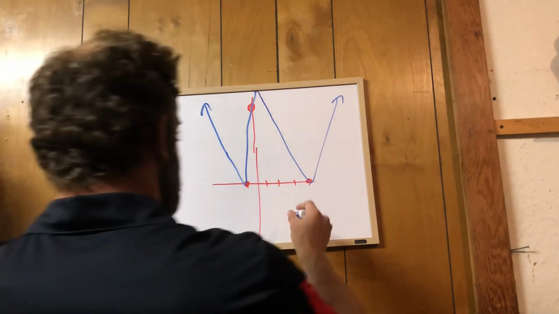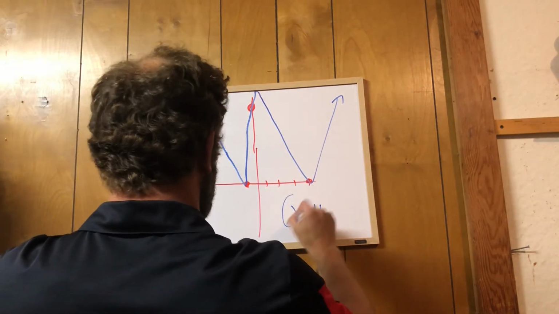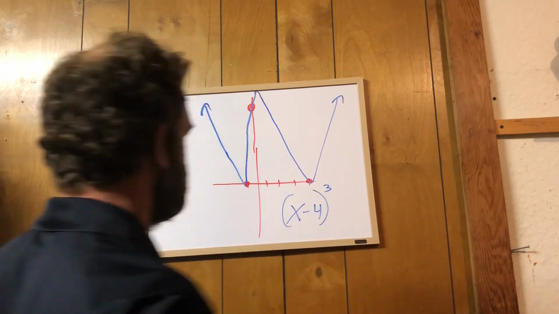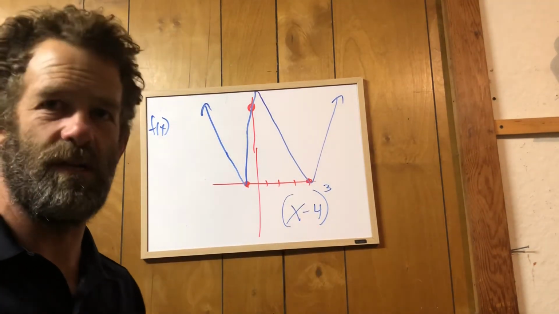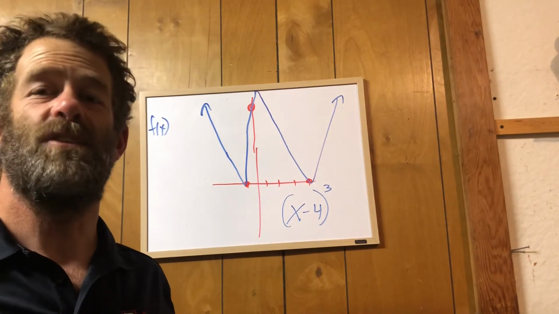What if I had x minus 4 to the 3rd? What happens as I have x minus 4 to the 3rd? It's not a double root now. It's a triple root.